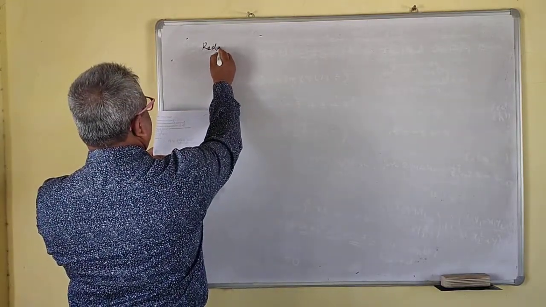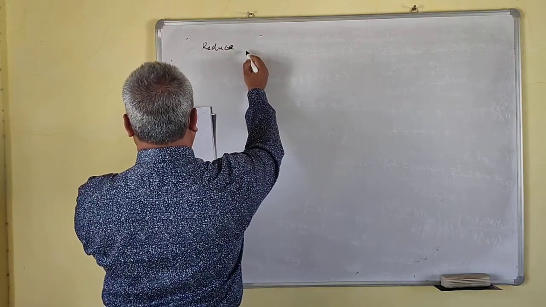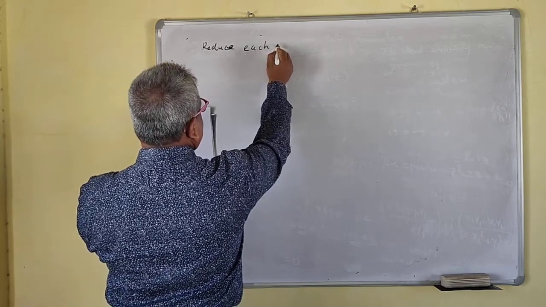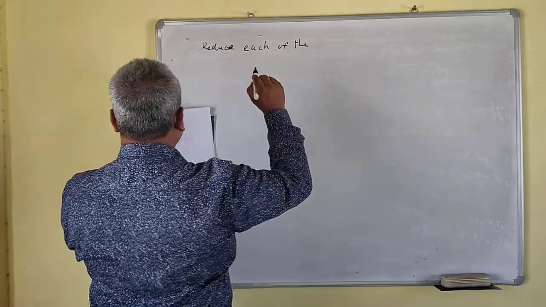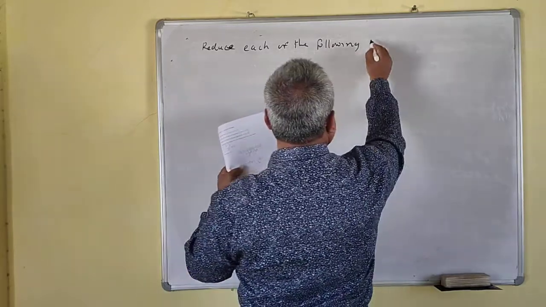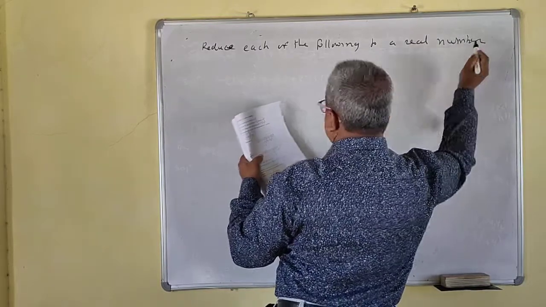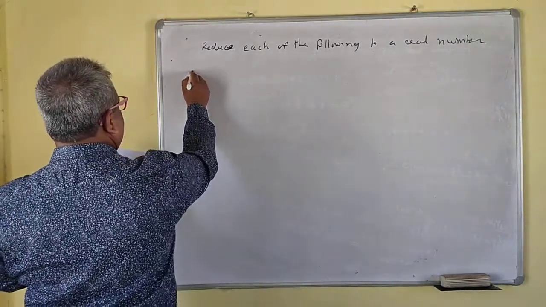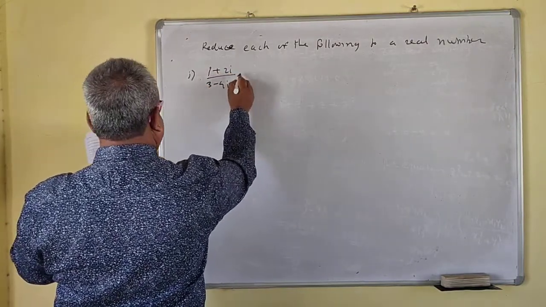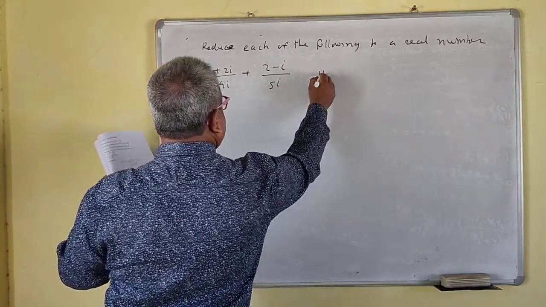Reduce each of the following to a real number. First, (1 plus 2i) upon (3 minus 4i) plus (2 minus i) upon 5i.